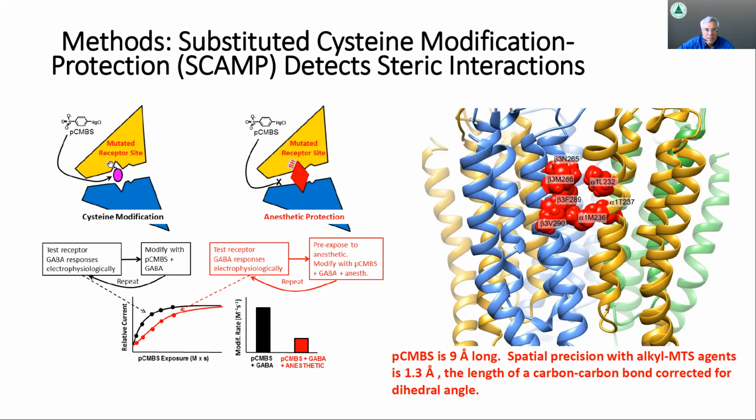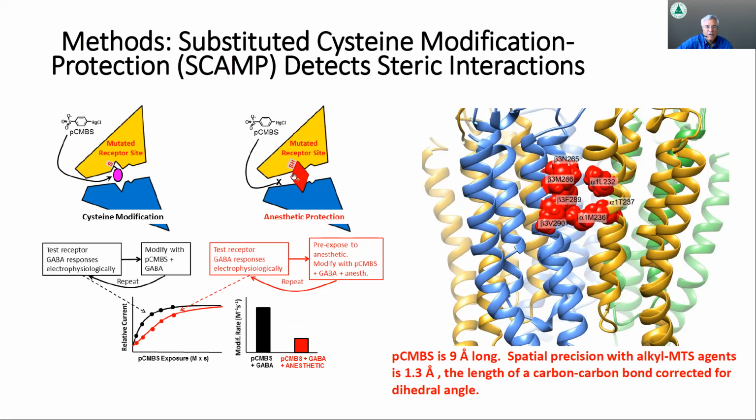We substitute a cysteine with a free sulfhydryl for an amino acid that we believe may be in or near the binding pocket of a drug like etomidate. We then use a cysteine reactive probe, in this case PCMBS, to covalently modify that sulfhydryl, which results in a functional change that we can monitor using electrophysiology.